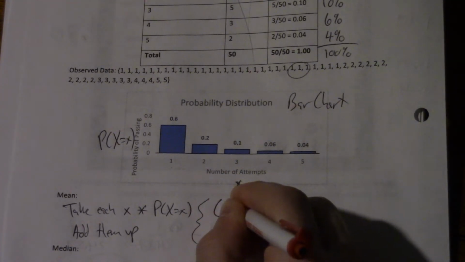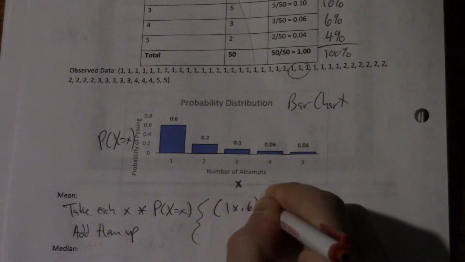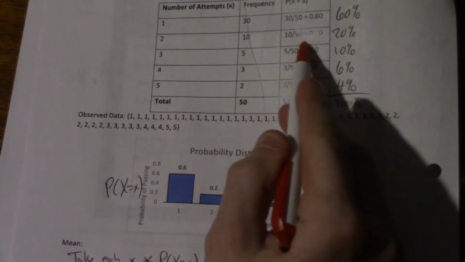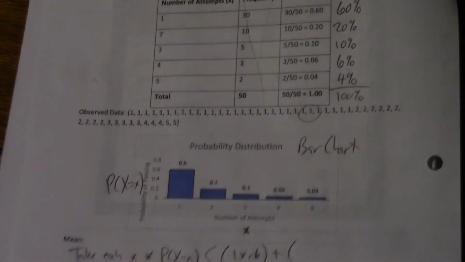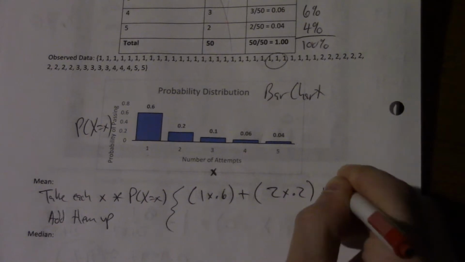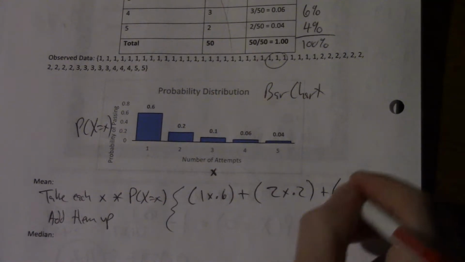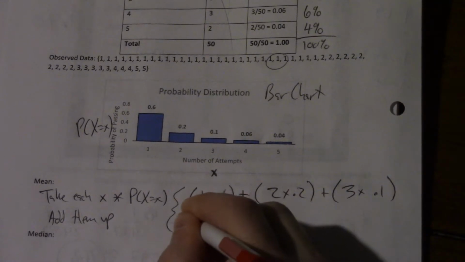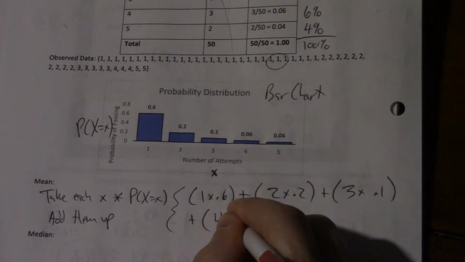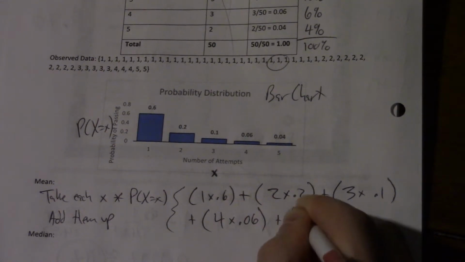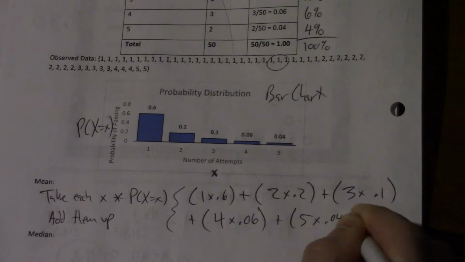So we have 1 times 0.6 plus the next one. Next we had 2, and its probability was 0.2. So 2 times 0.2 plus, and then just proceed down the distribution: 3 times 0.1 plus 4 times 0.06 plus 5 times 0.04.